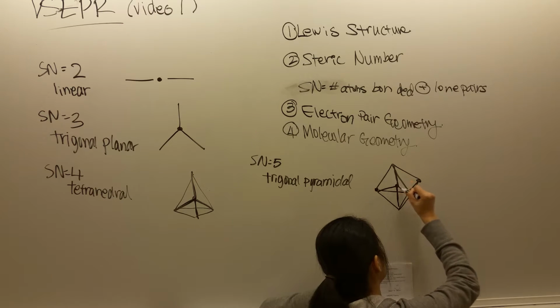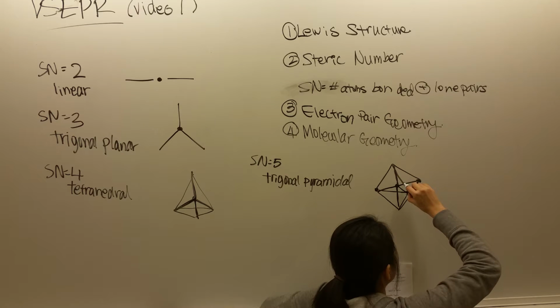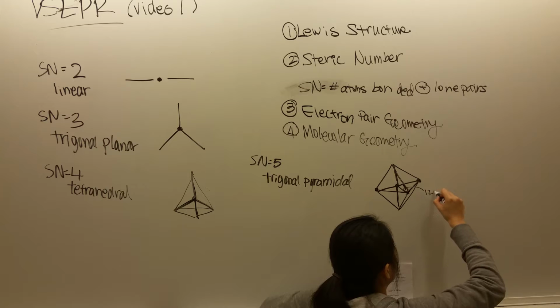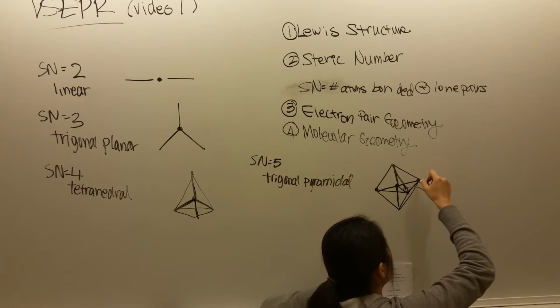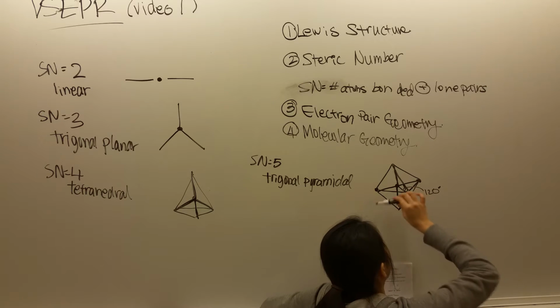So you have one here, and one here, and the distance between them is 120 degrees, which tells us that these 3 electron densities are all on the same plane.